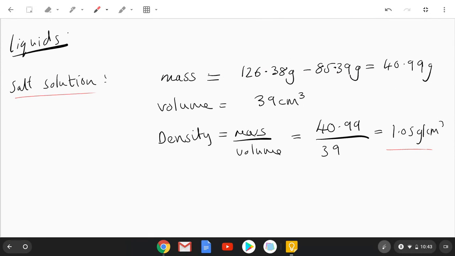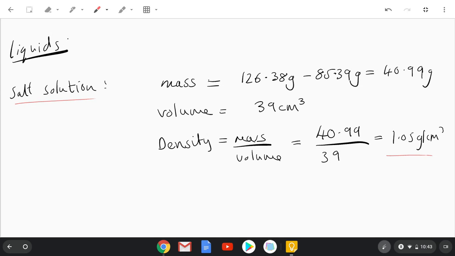And finally, to find the density of a liquid, we placed the measuring cylinder without the salt solution and with the salt solution on the mass balance. Without the solution, it was 85.39 grams, and with the salt solution, it was 126.38 grams.